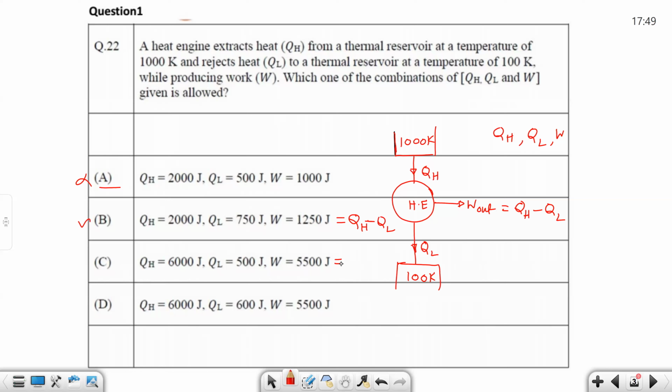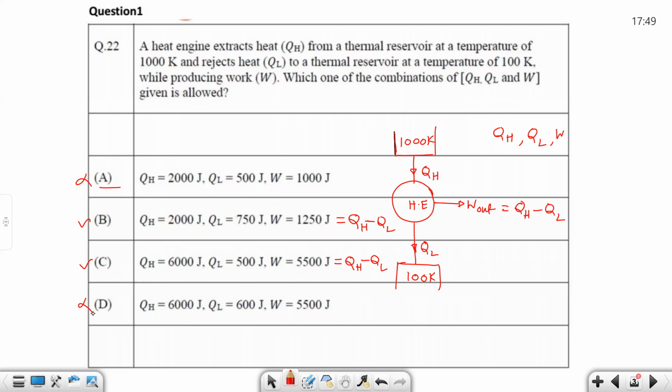So this also will be equal to QH minus QL, 5500. So this is also right. So D, QH minus QL is 5400, so it is not correct. So there will be two answers. So which will you be choosing?